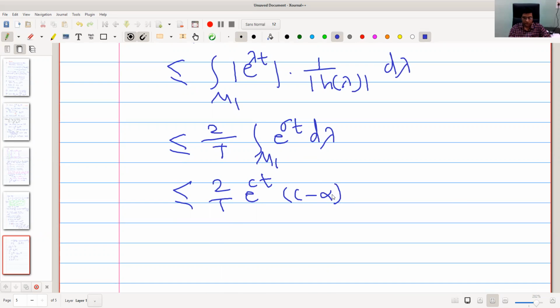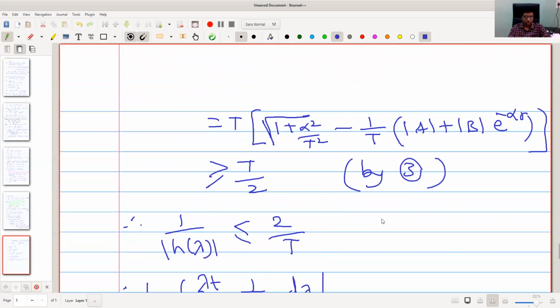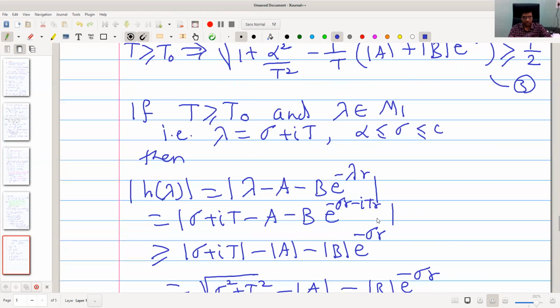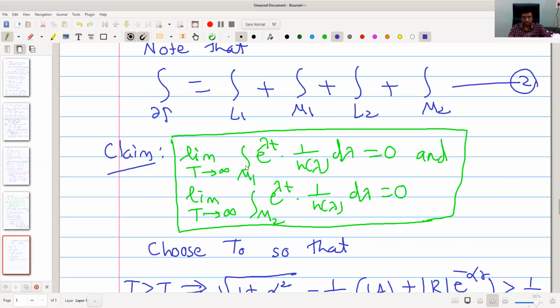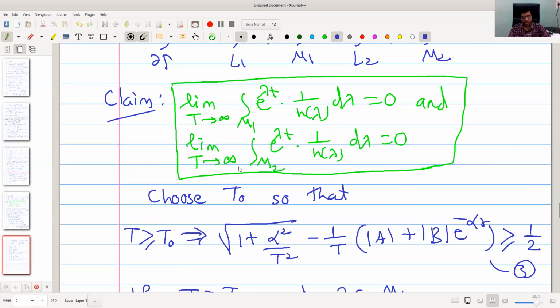Okay, and what happens to this as t tends to infinity? C is fixed, alpha is fixed, so as t tends to infinity, this tends to 0. Okay, so this is what we wish to prove, that is, the limit as t tends to infinity of the integral of this along m1 is 0.